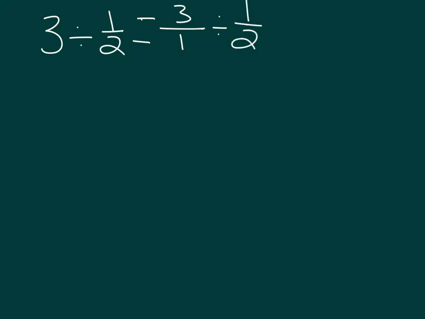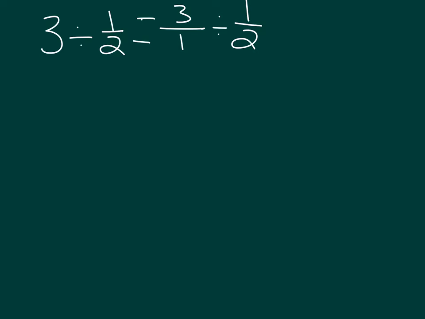Our next example, we will use a visual as well as the algorithm. So our next example is 3 divided by 1/2. If we just use the standard algorithm, 3 is a whole number, so we can write it as 3/1. And we would have divided by 1/2. We still have division because we didn't use the reciprocal of any of the fractions yet, and we haven't changed the sign.